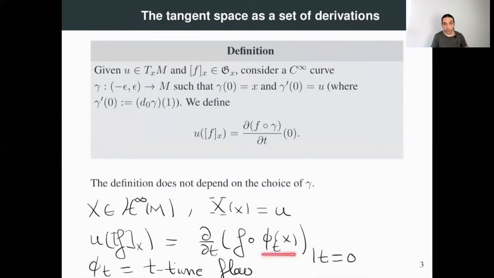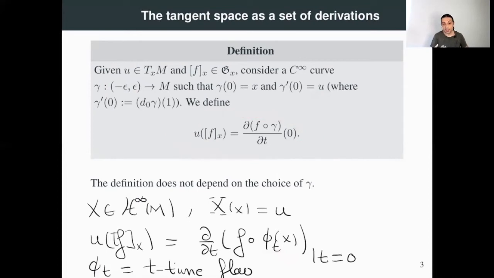This is because when we fix x and we make this expression depend on t, when we vary t, this is a curve such that the point t equals 0 is equal to x, and such that the derivative of this expression with respect to t is the tangent vector u. So it's essentially this definition.